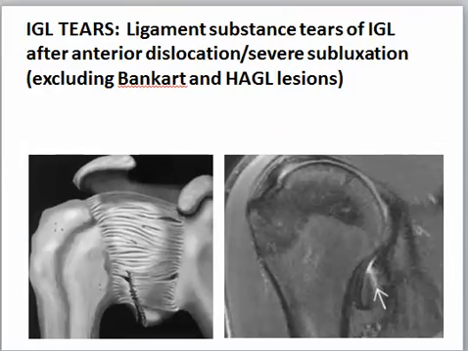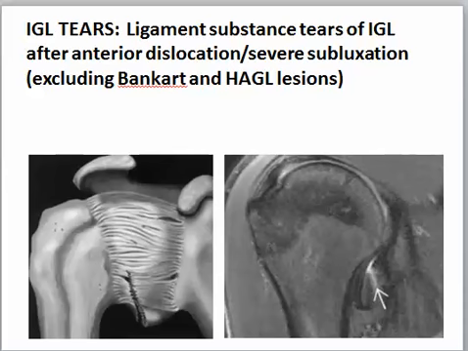Now this represents another condition similar to HAGL, but it is not involving the humeral attachment. It is in the middle of the capsule, with seeping of the bursal fluid. It's called ligament substance tear of the inferior glenohumeral ligament, usually after anterior dislocation or severe subluxation, but no Bankart or HAGL.